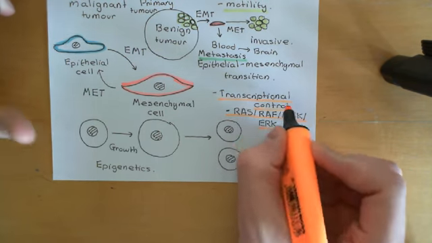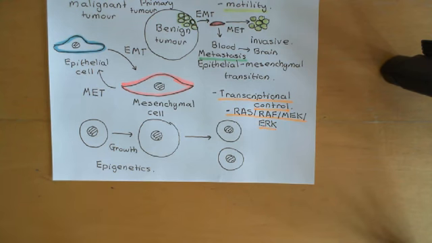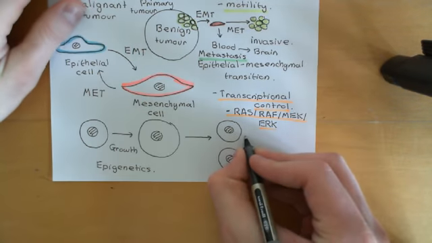Right. Now, epigenetics, however, involves other changes than just transcriptional control. There are other means by which you can control which genes are actually going to produce proteins and therefore be expressed. For instance, there is also translational control.